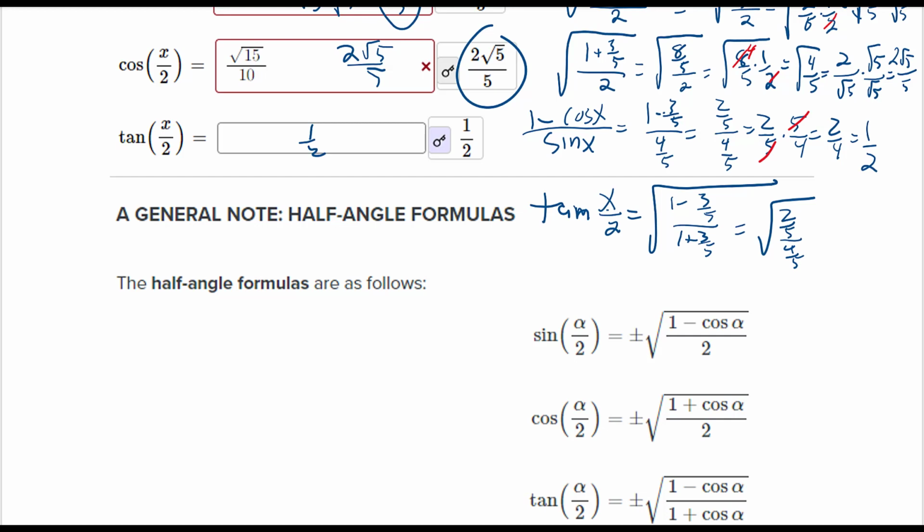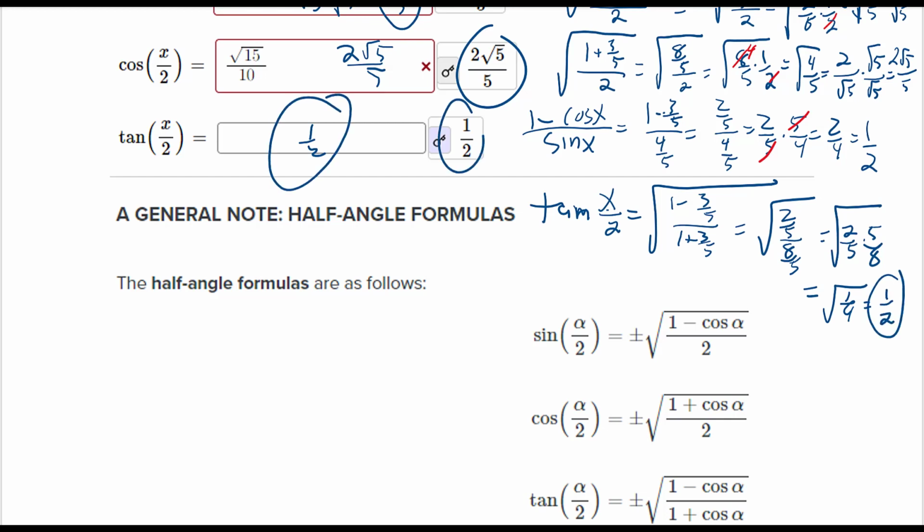Excuse me, the denominator is 8/5. So that's the square root of 2 over 5 times 5 over 8, which equals the square root of 1 over 4, which is 1/2. So that's the second way to get the same thing. Okay, hope that helps. Let me know if you still have questions.